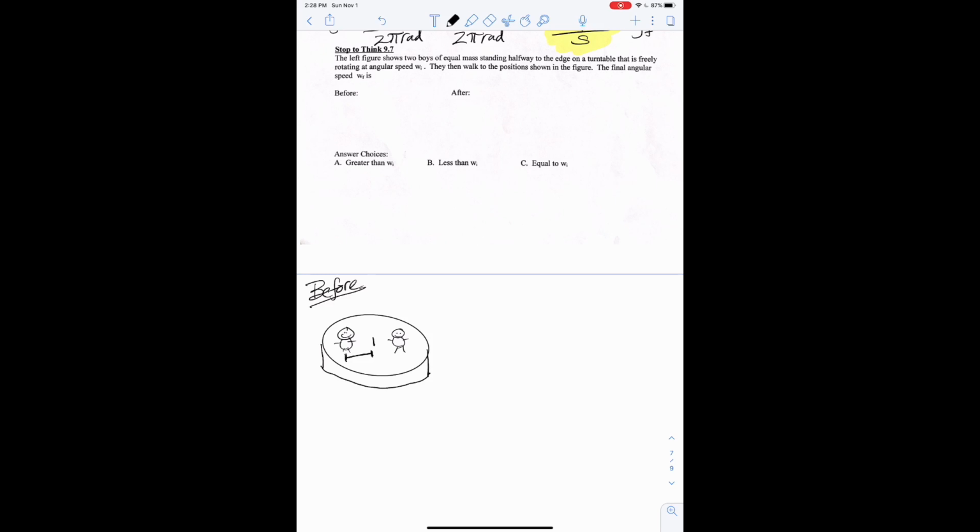I think I've done it that way in the past where I call it R and 2R. I think this time I'm going to say that R is equal to 1 meter. Just for this drawing, right? Because on the next drawing, R is going to equal 2 meters.